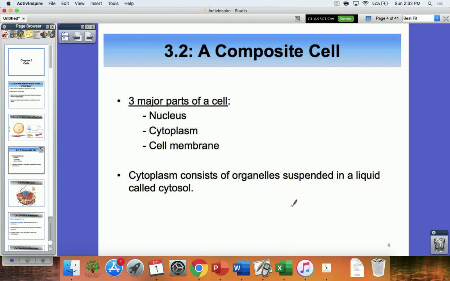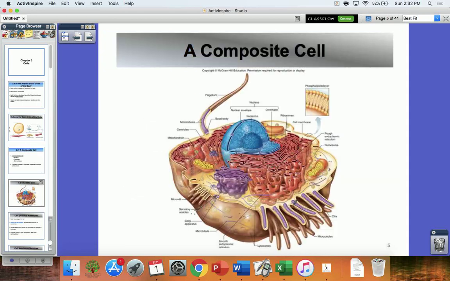And then our cell membrane, which will be one of the first organelles we'll talk about, is what surrounds the cell and is going to allow things to enter and leave. And again, this is just a general structure of a normal animal cell, and we will go over the different parts of it as we move forth through this chapter.